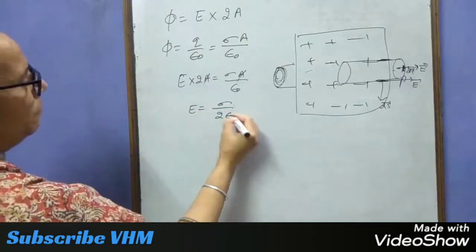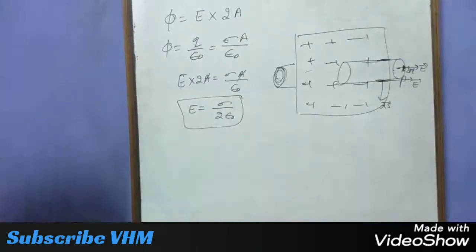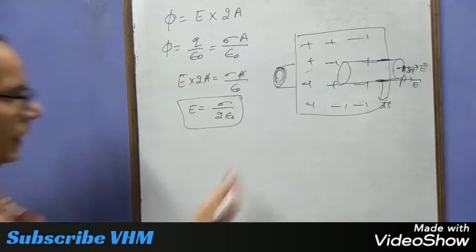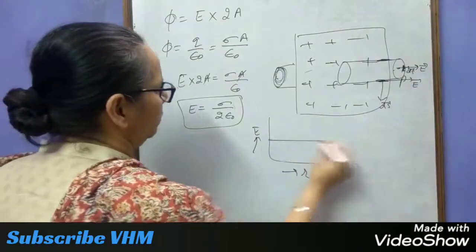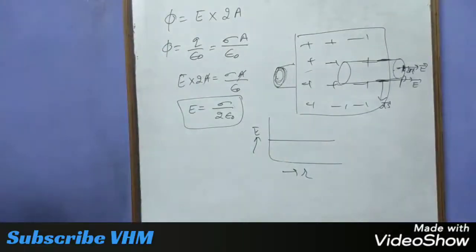So when it is a plane sheet, the electric field due to the charge on the plane sheet is sigma upon 2 epsilon naught. And one point that has to be clear here, that this electric field does not depend upon the distance. So if we have a graph for this E and r, it will be a straight line which shows the independence of this.